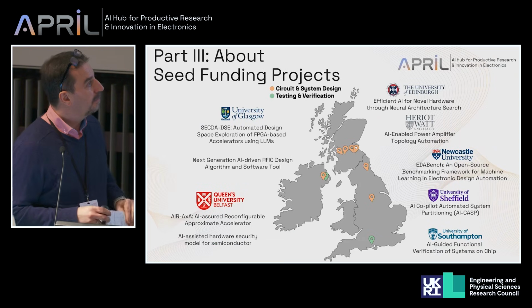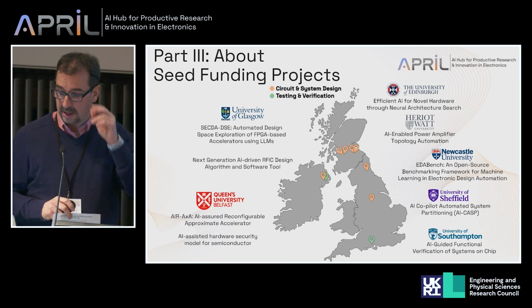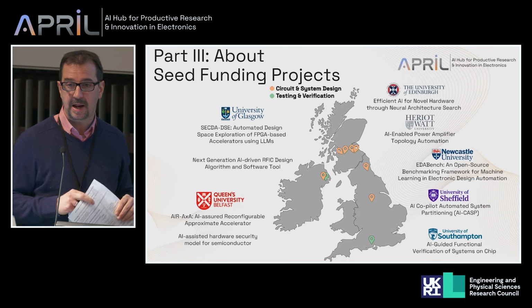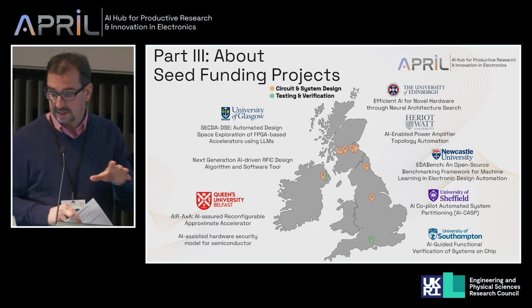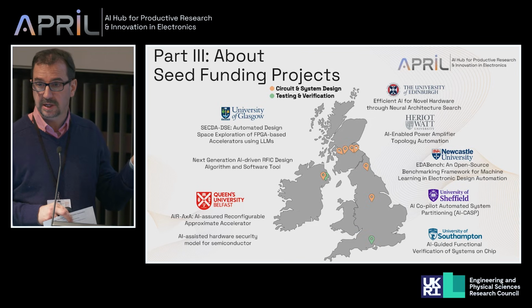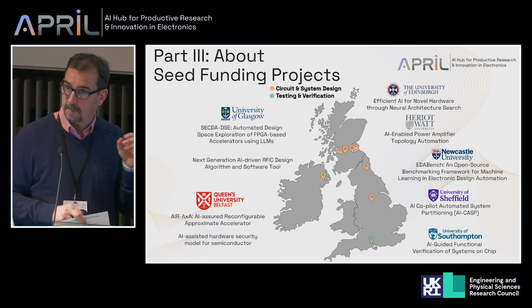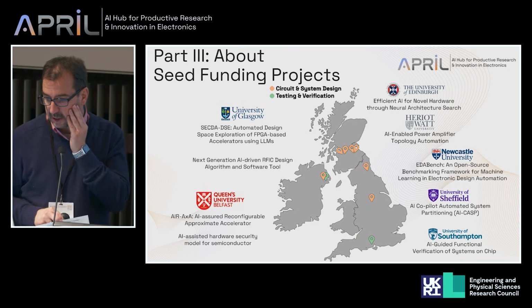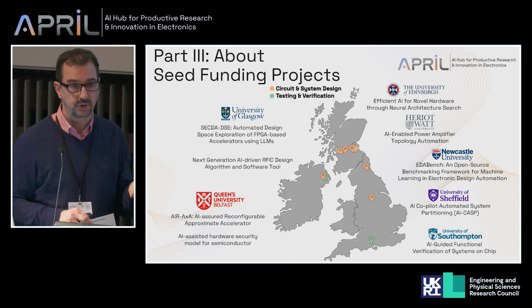Before we move on to the actual presentations, I would like to briefly mention the seed funding that AI Hub provides to support projects in the related area. What you can see here in this map is the number of projects that have been supported or have been agreed to be supported by the AI Hub in the domains of circuit and system design and test and verification.